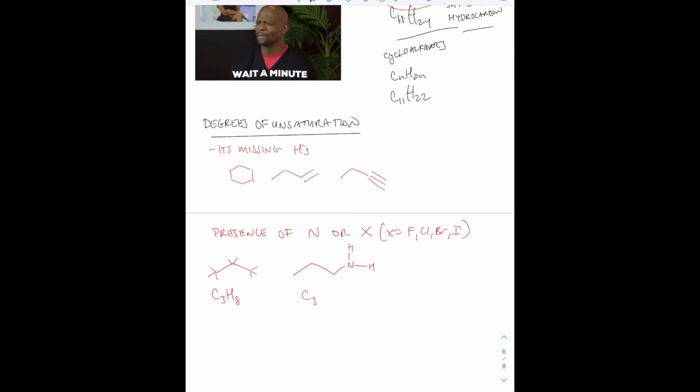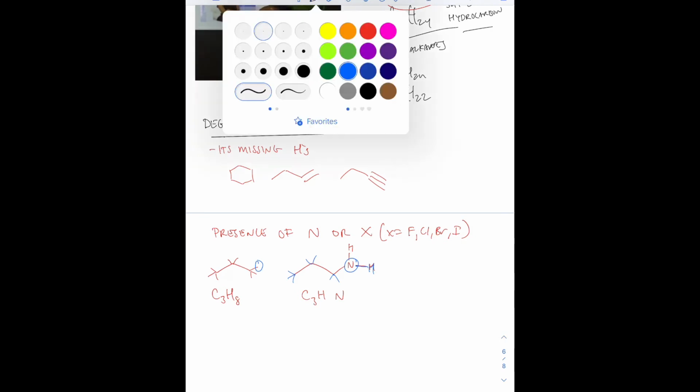Okay, so that means it would have C3. I'll put the nitrogen at the end because we don't really care about the presence of the nitrogen. We're just focusing on hydrogens. What's the number of hydrogens that we have? Well, the way I like to think of it is we have 1, 2, 3, 4, 5. So these weren't affected, right? But in the blue, there's 2 here. This nitrogen took the place of, let's say, that hydrogen, but it replaced it with this one.